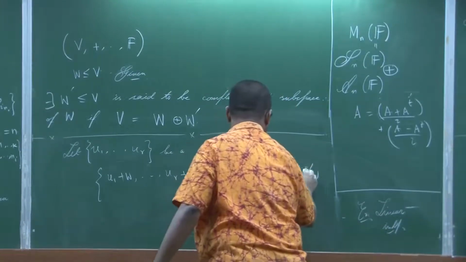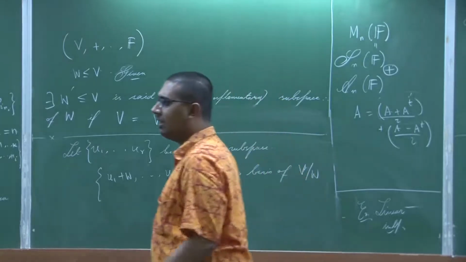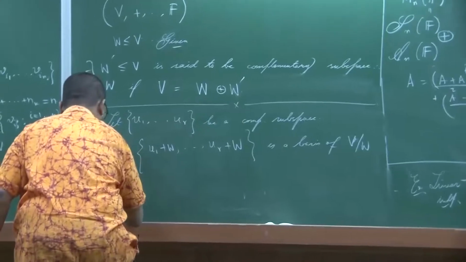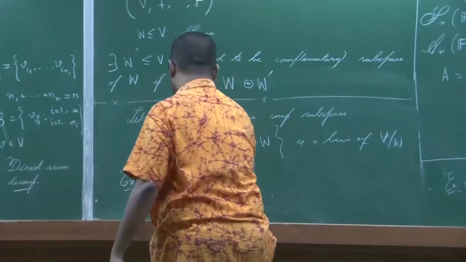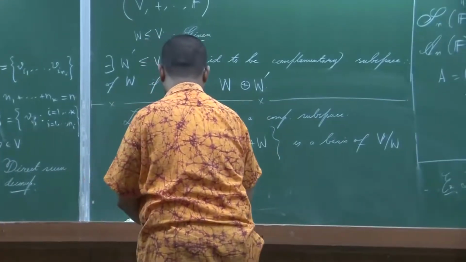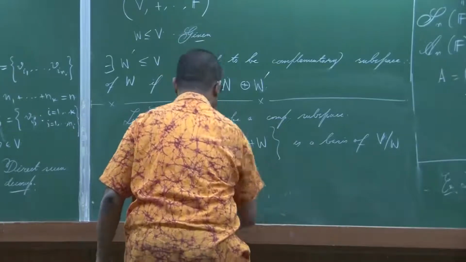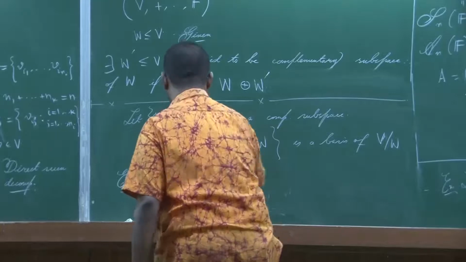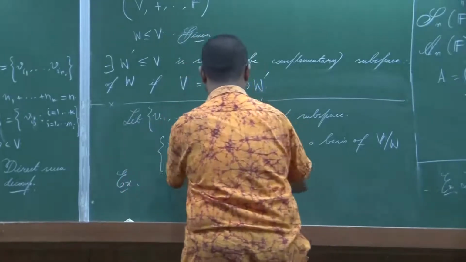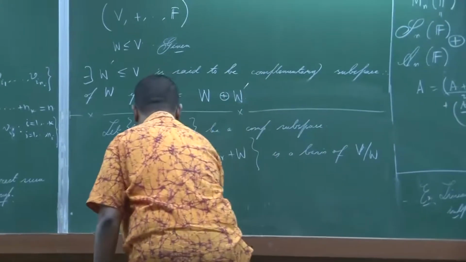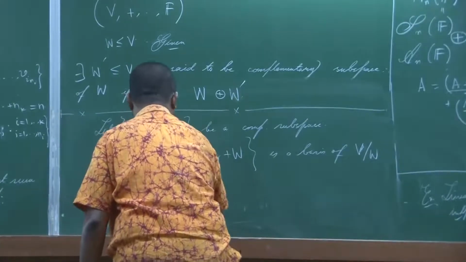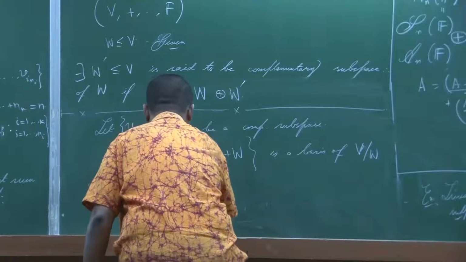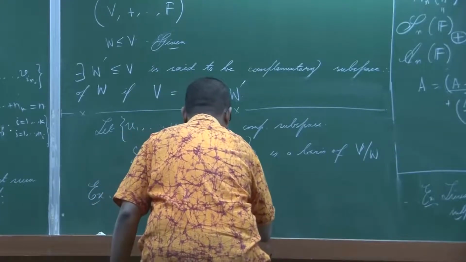Now, try to see the similarities: on one hand you have W prime, on the other hand you have V mod W. A typical element in W prime will look like x1 u1 plus and so on plus xr ur.